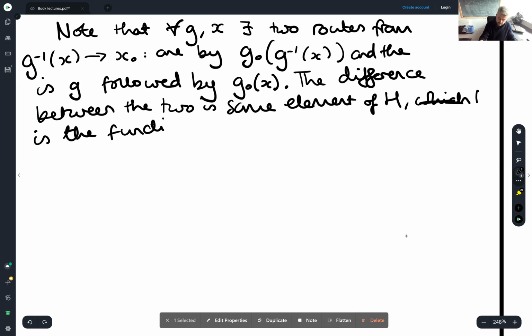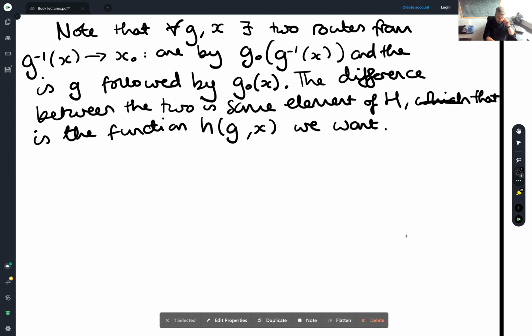So let's say that is the function h of g, x that we want. So h of g, x is the thing that solves the co-cycle condition, essentially.